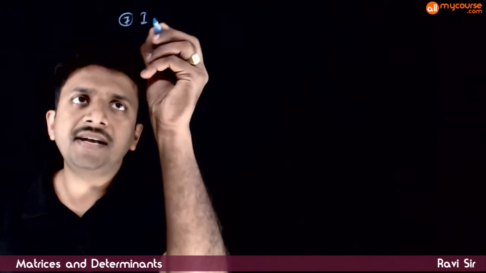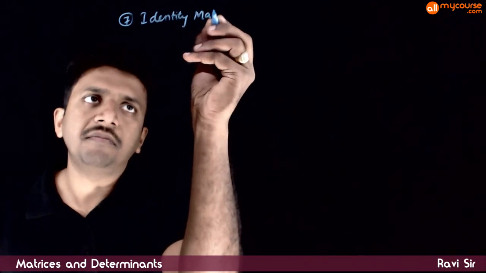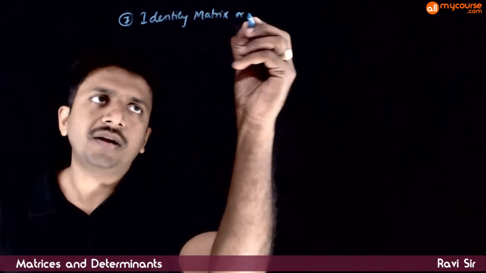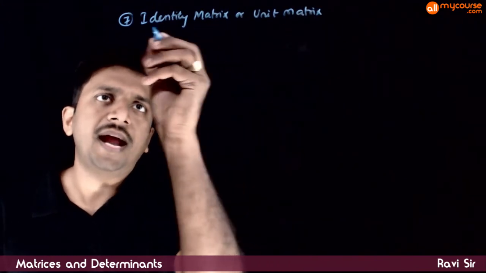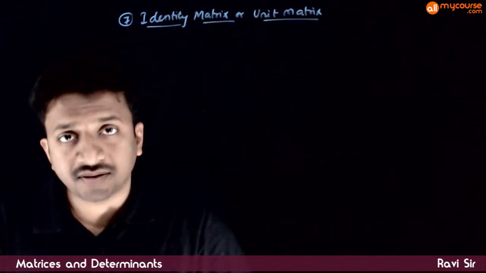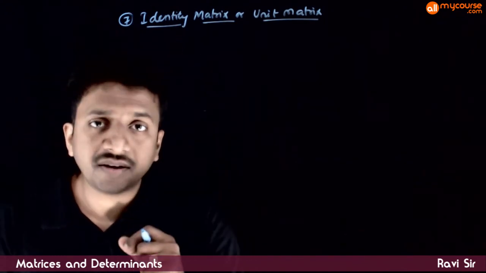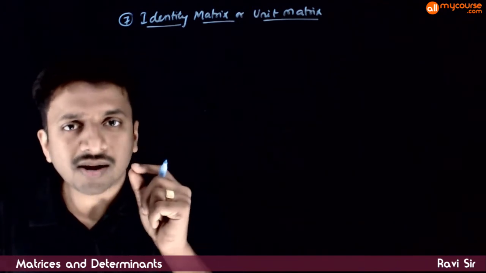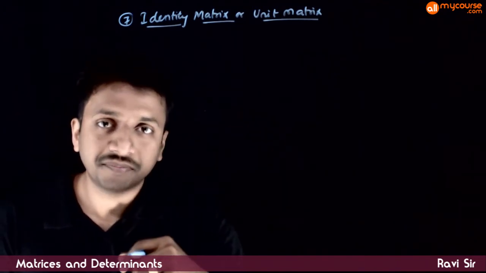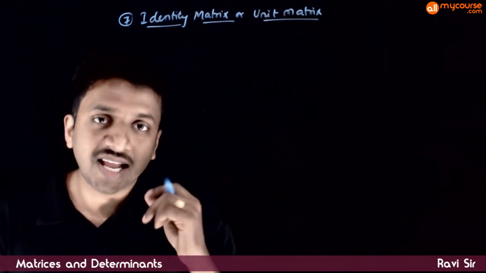The next type of matrix is called an identity matrix, or a unit matrix. The definition of this is: an identity matrix is a scalar matrix whose diagonal elements are all equal to 1. That is, it has to be a scalar matrix.